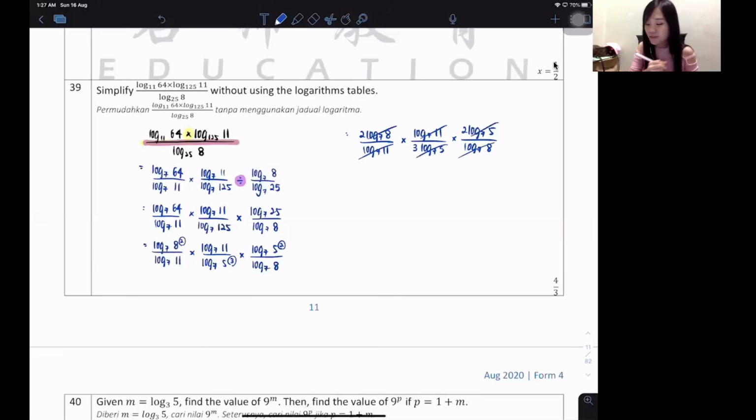Log 7 of 5, log 7 of 5, cut. Bye-bye. So here I left a 2. In the middle, I left a 3 at the bottom. The last one, I left a 2 on top. Nothing to write on top, write 1. Voila, my answer, 4/3. Done.